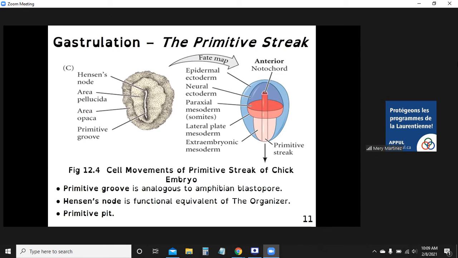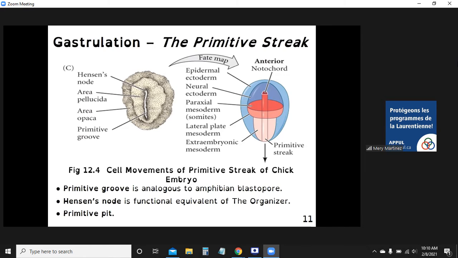Well, this is exactly what the primitive groove is going to make. Okay, so we have the area pellucida that gets the hole in the middle, that's the primitive groove. And cells then start going from this area pellucida, the epiblast, into the inside of the embryo, going into the blastocoel. Okay, so the primitive groove is analogous to the amphibian blastopore.